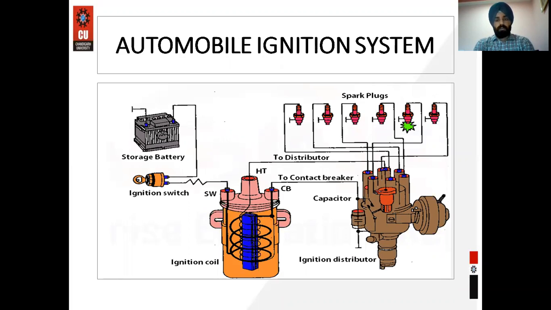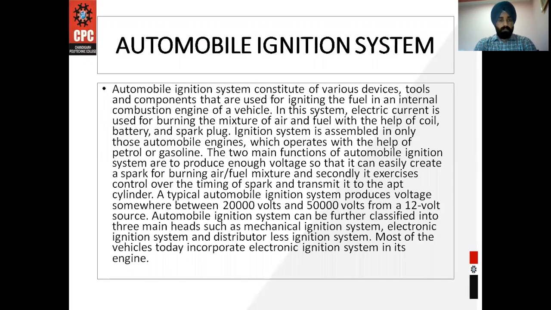This is the picture of ignition system. Its main parts are storage battery, ignition switch, ignition coil, ignition distributor, and spark plug. Automobile ignition system consists of various devices, tools, and components that are used for igniting the fuel in an internal combustion engine of a vehicle.